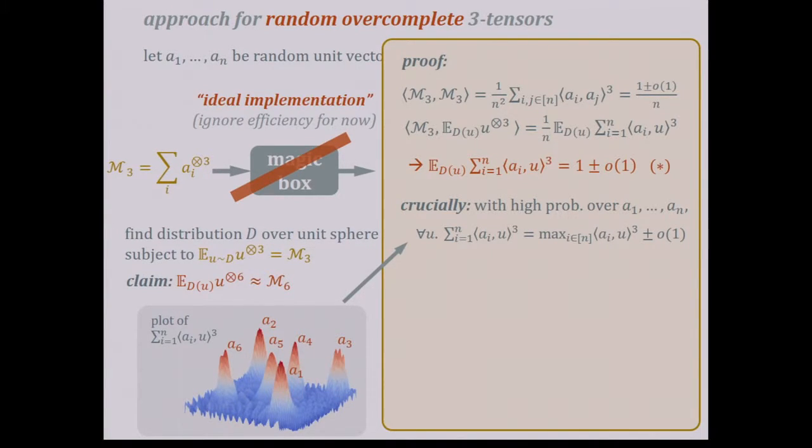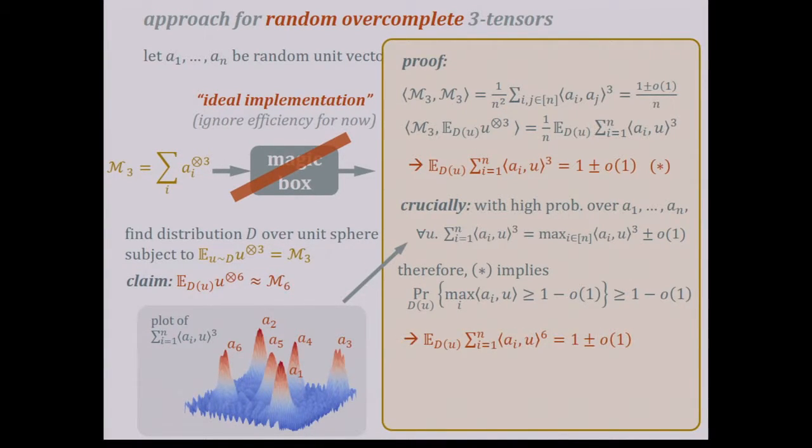The only points where the polynomial is large are at the points A1 up to AN, and everywhere else it's very close to 0. That means that if the expectation of this polynomial under D is close to 1, the distribution has to be essentially supported on vectors very close to A1 up to AN.